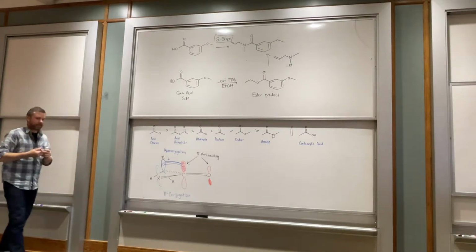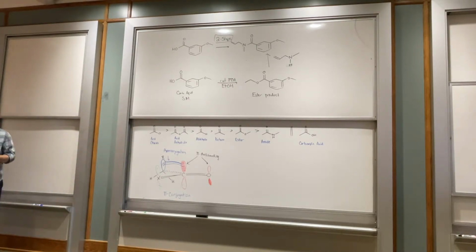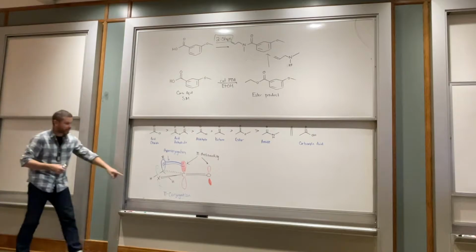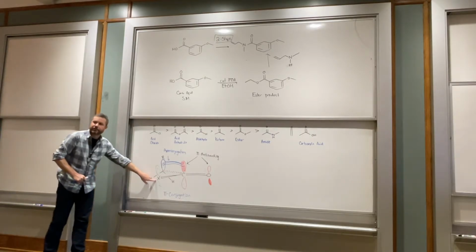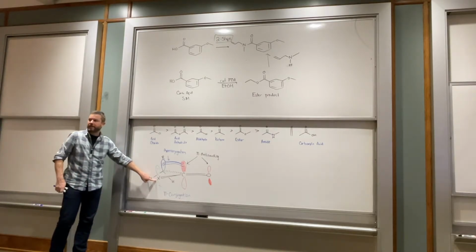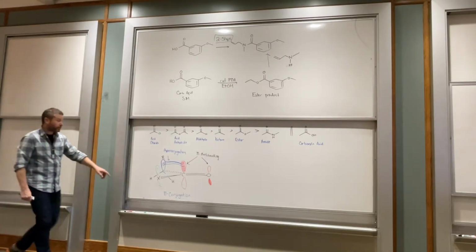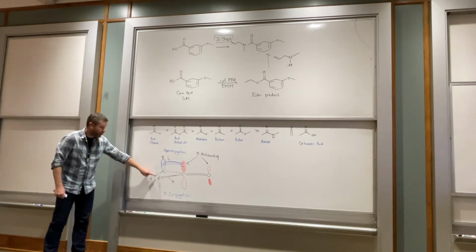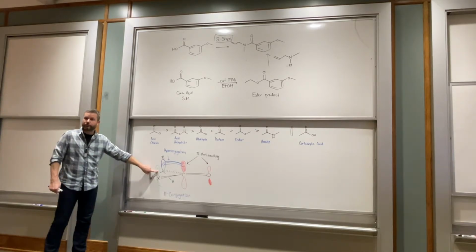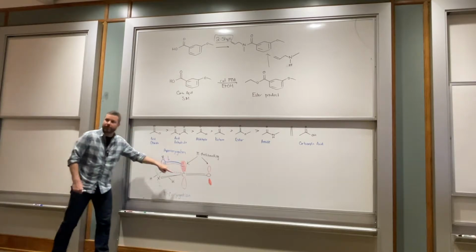Right, so this happens whenever you have a heteroatom with a pair of electrons, something like oxygen or nitrogen attached to the carbonyl. That atom is going to be sp2 hybridized, so a pair of that atom's electrons are elevated to a p orbital and can overlap with the pi system.